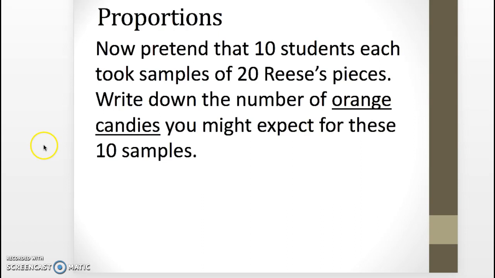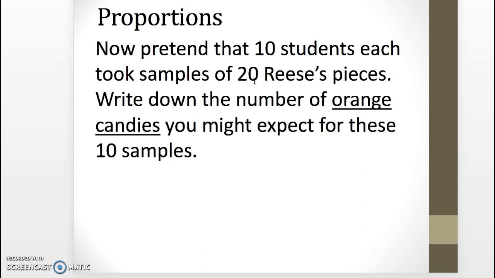Seems reasonable. But would you expect them all to be the same again? No, we're going to see some variability in the number of oranges between the 10 students' cups, even though we have 20 in each one. So some students may have 10 orange, some may have 8, 9, some might have 12. So we're going to see some variability.